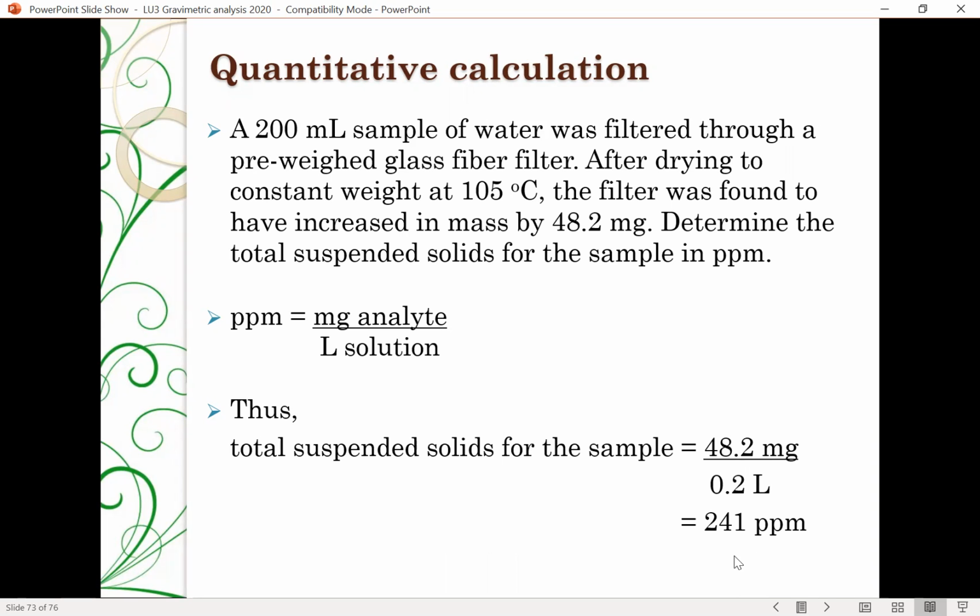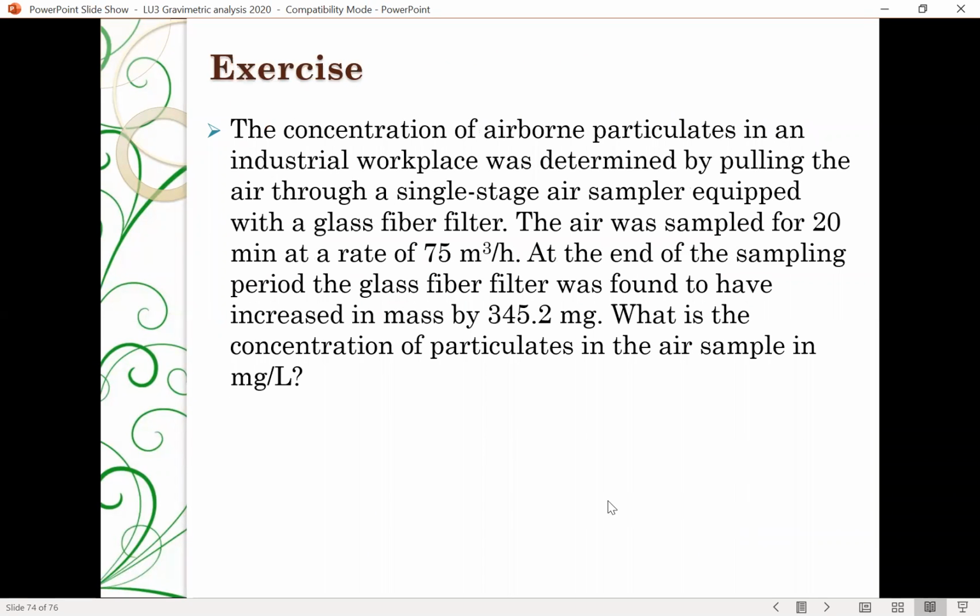Whether you express your answer in milligram per liter or in ppm, in this case, you are required to express your answer in ppm. So you should answer in ppm. Okay, so this is another example.